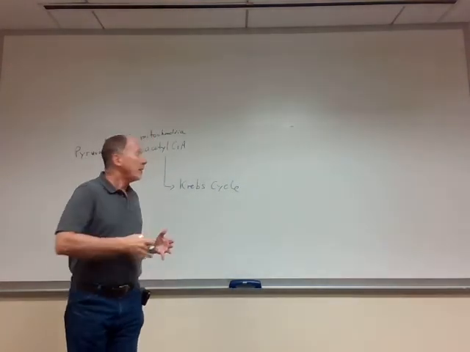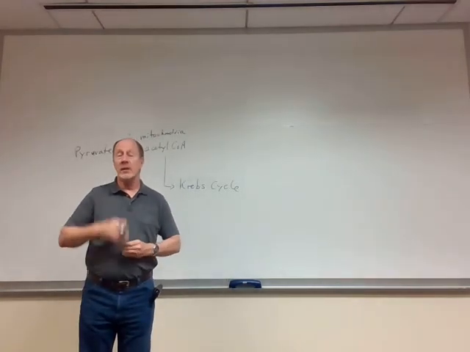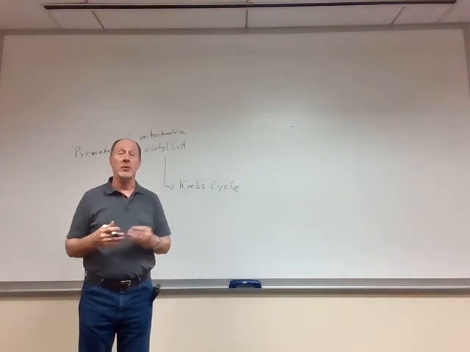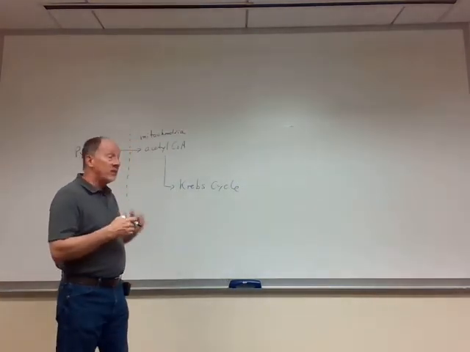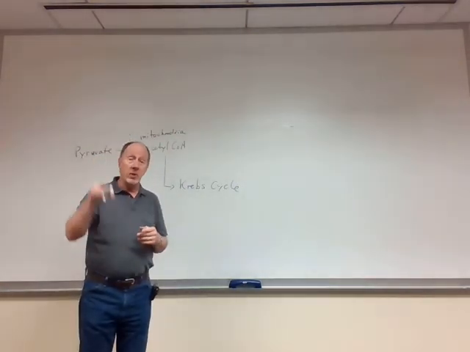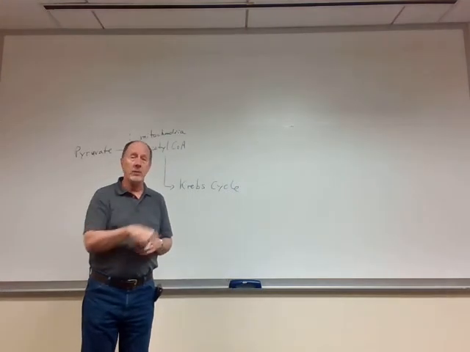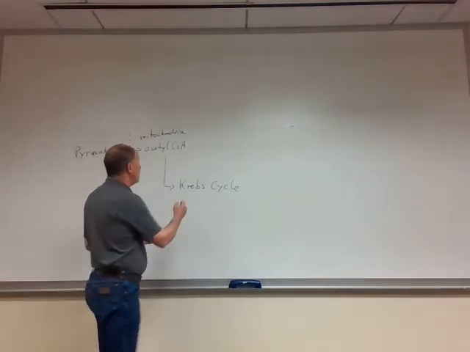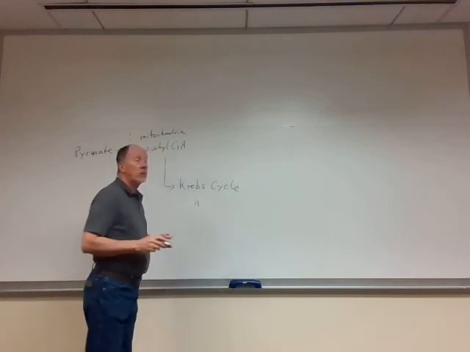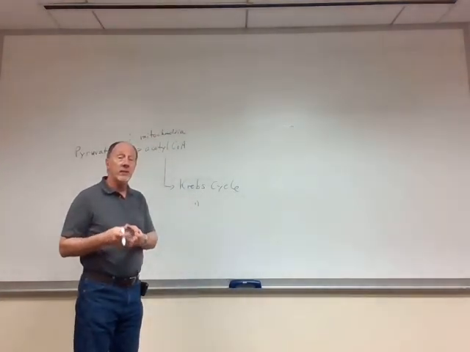The Krebs cycle takes place in the matrix of the mitochondria, in the liquid aqueous interior. And it is a cycle. As long as parts are there, it will continue to go round and round. The key thing about the Krebs cycle is we're going to look at what we are going to obtain from it.